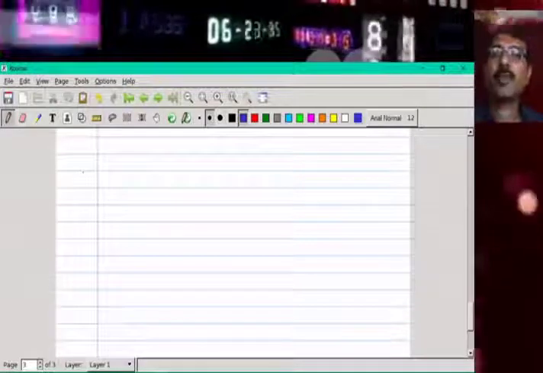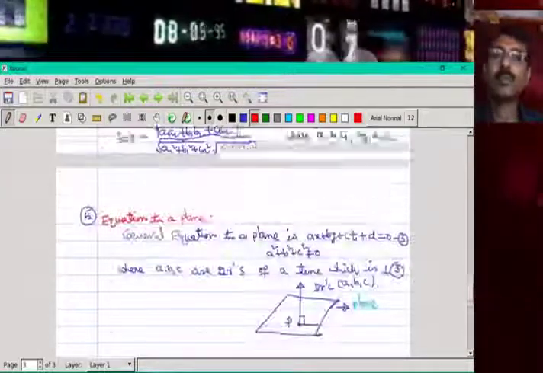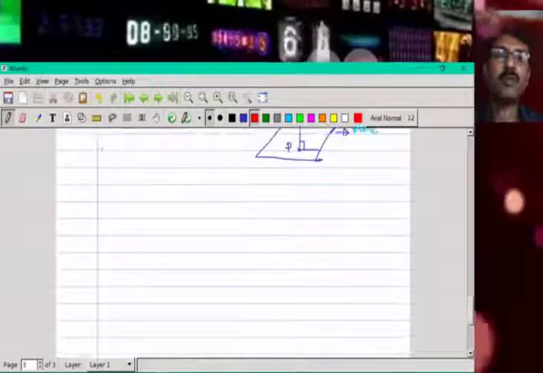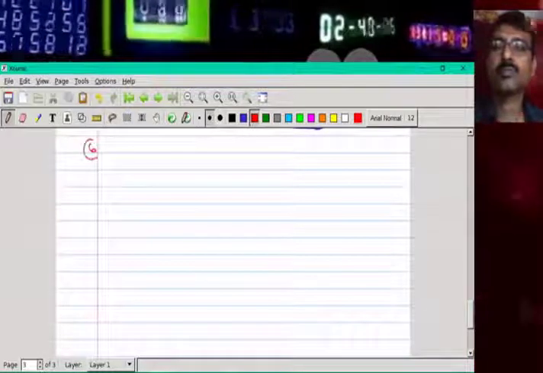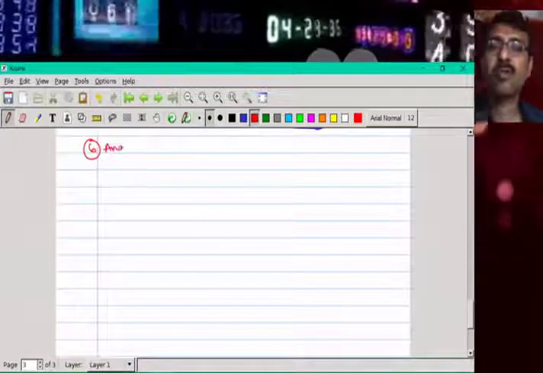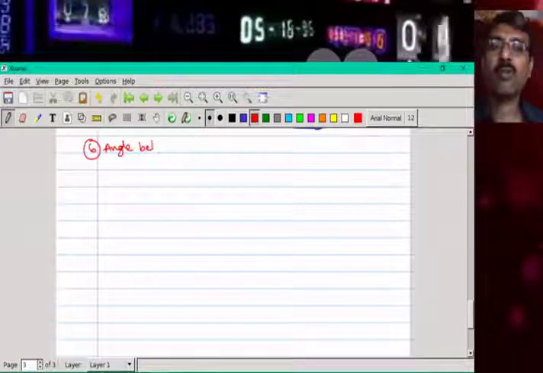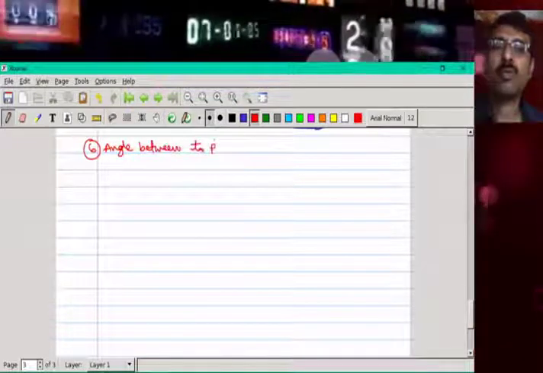Next formula, which is our serial number 5, next 6: angle between two planes.